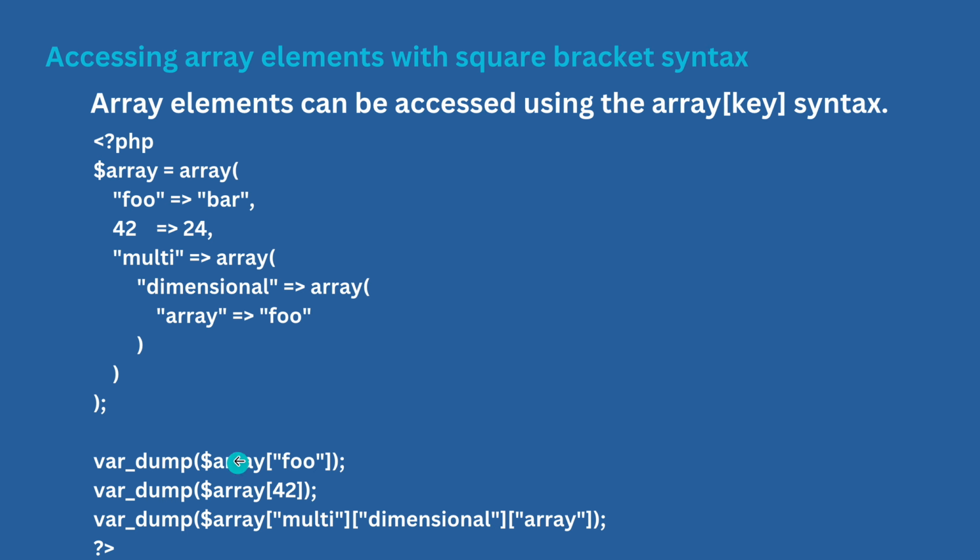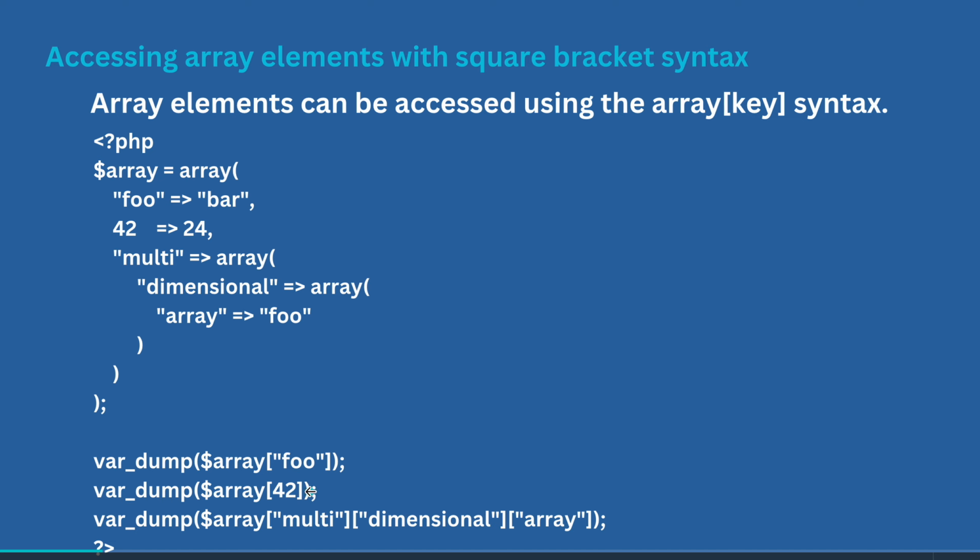So what will this print? Print array foo. What will this print first? Bar. Yes. What will this print? Array 42.